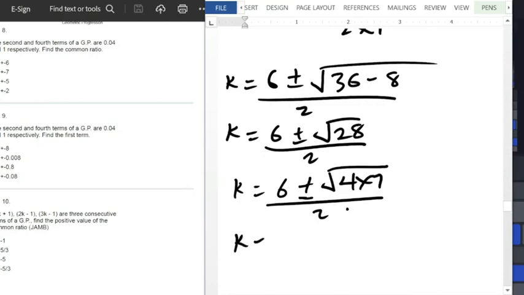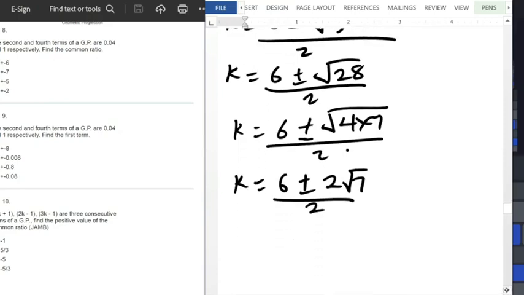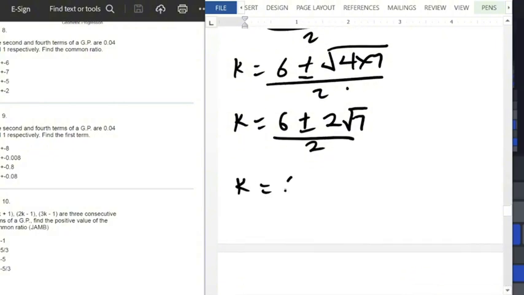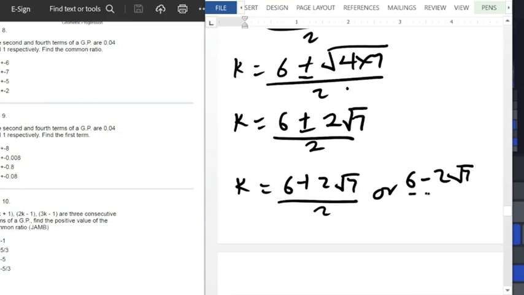So we now split this. So we have k equals 6 plus root 28 all over 2, or 6 minus root 28 all over 2.